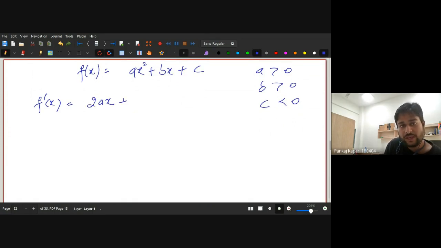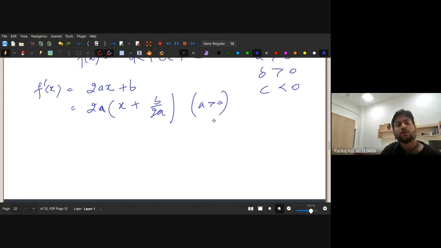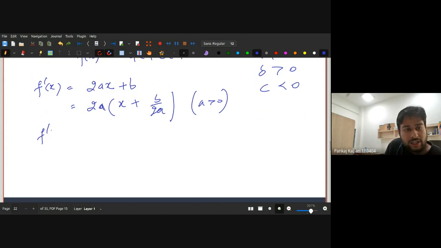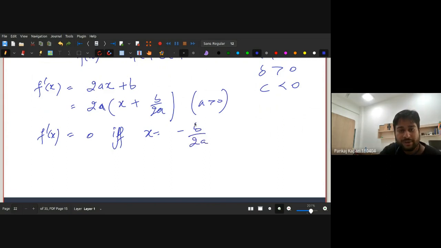It is 2ax plus b, and taking 2a common, you will get x plus b by 2a. We can divide by a because a is positive, it's not 0. The derivative becomes 0 if and only if x is minus b over 2a. So this is our critical point.